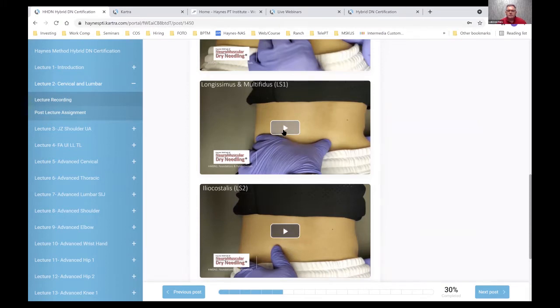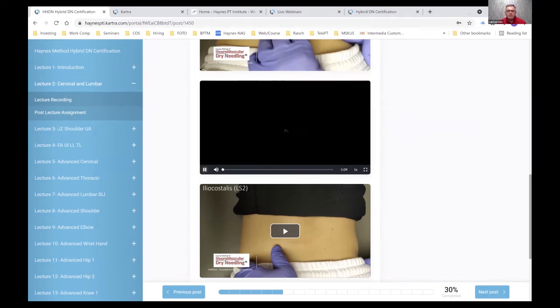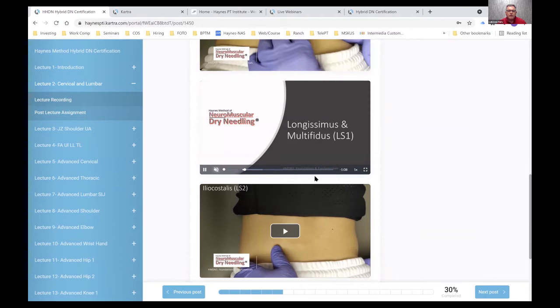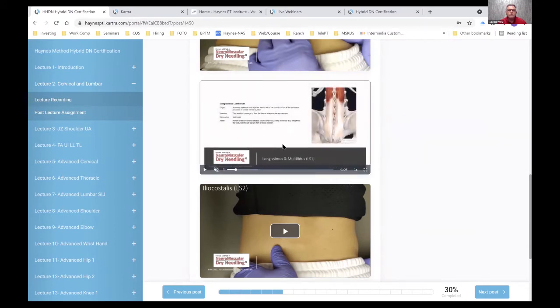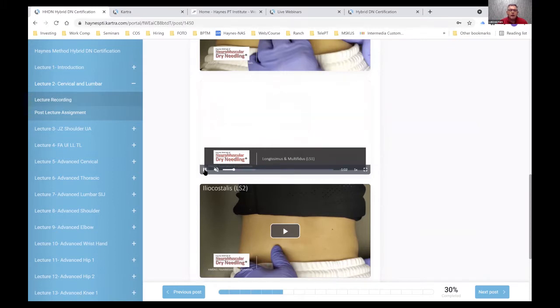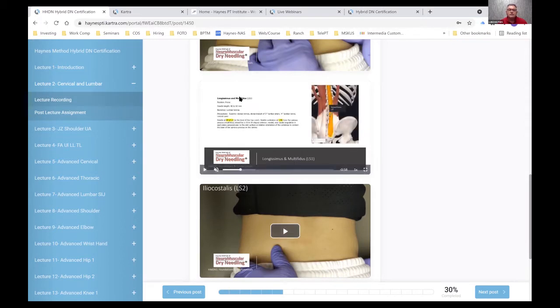I'll do longissimus and multifidus here just briefly. I'm going to see if I can mute this when it starts to play. So there's a little introductory screen here. We get to the first screen, which tells a little bit more about the origin, insertion, innervation, and action. Play a little bit further. I'll hit pause again. And then we get to the actual procedure, just written out.